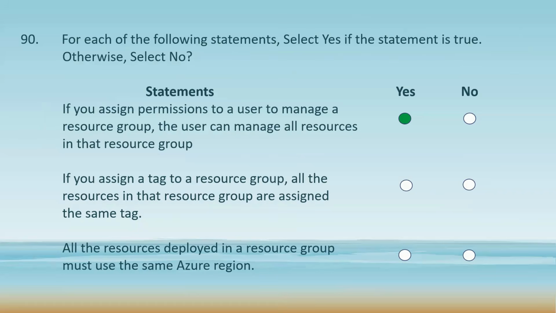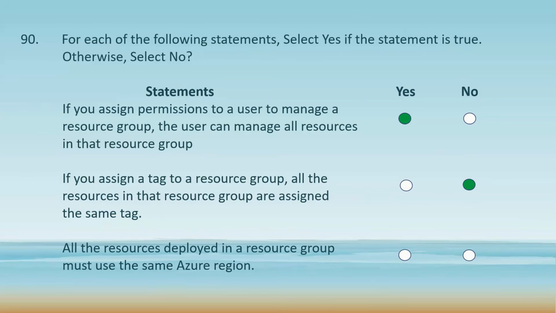Next statement, if you assign a tag to a resource group, all the resources in that resource group are assigned the same tag. No, this statement is incorrect. Unlike permissions, which we discussed in the previous statement, resources within a resource group don't inherit the tags.